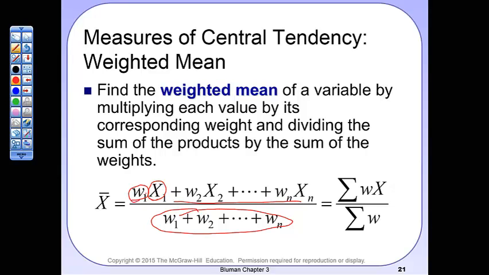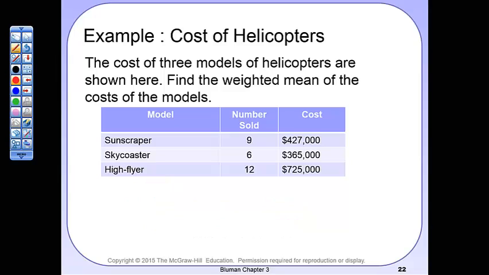So let's look at an example. This is the cost of helicopters that we want to look at. We have the Sunscraper, the Sky Coaster, and the High Flyer. We have the number that are sold and the cost. The weight is like the frequency.